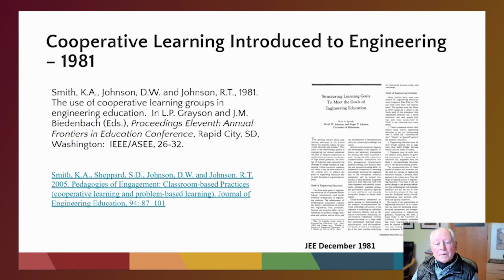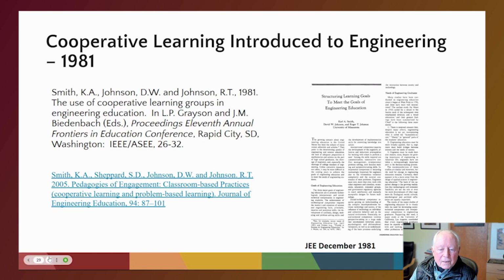And over time, it's gotten embraced much more extensively. Probably the most comprehensive piece on cooperative learning in engineering is that 2005 piece in the Journal of Engineering Education called Pedagogy of Engagement. It's been cited over 2,300 times. It's publicly available, so if you want to take a look at some of the evidence, it's available.